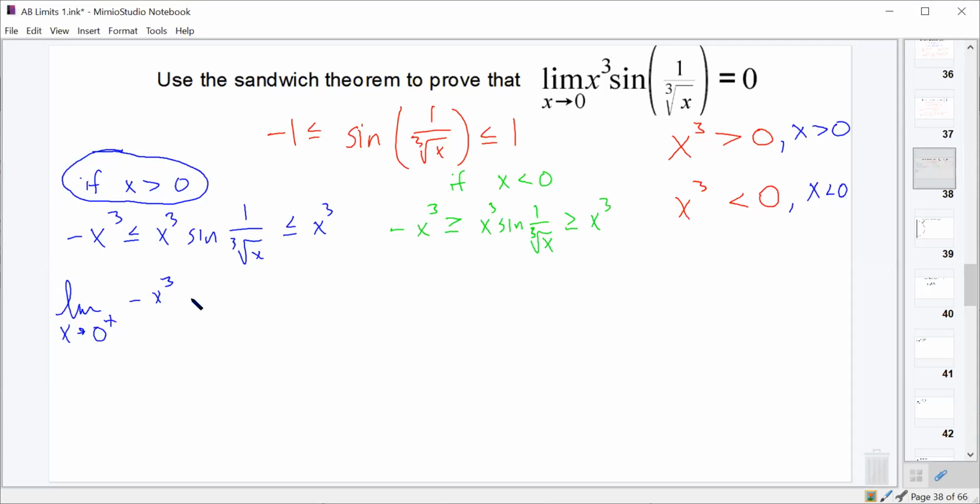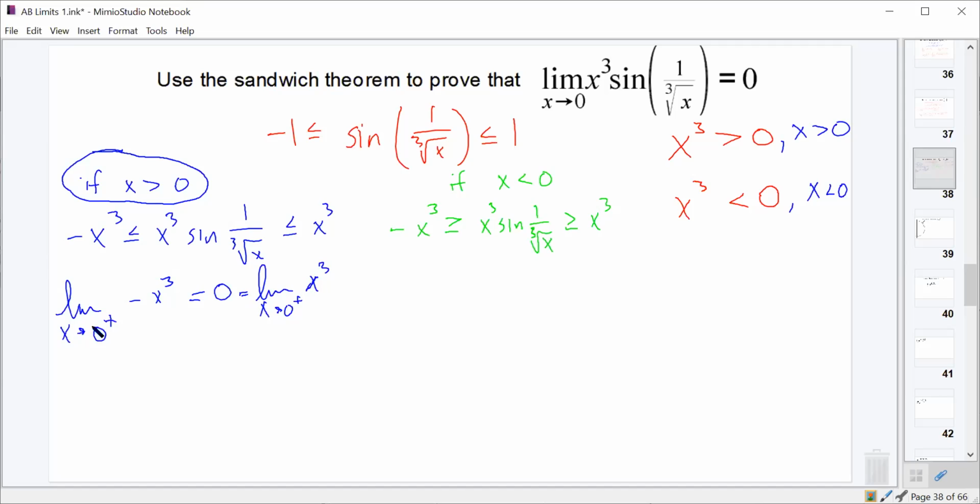But what's the limit as x approaches 0 from the right of negative x cubed? Well, it's 0. And that ought to be the limit as x approaches 0 from the right of x cubed also. Both of these have to be limits from the right because x is greater than 0.